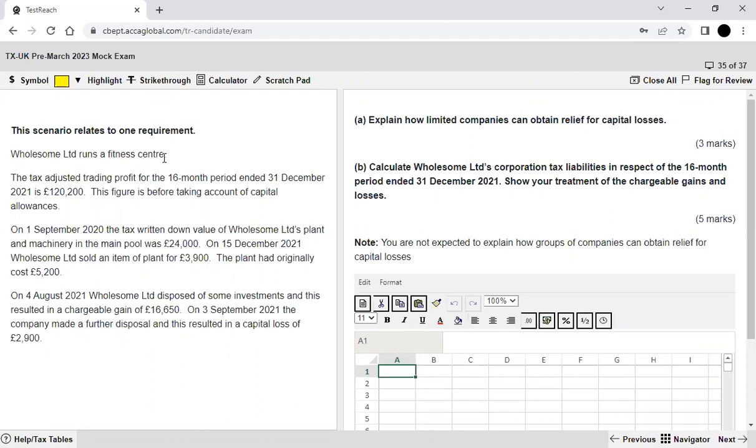On 4th August 21, Wholesome Limited disposed of some investment properties and this resulted in chargeable gains of 16,650. On 3rd September, the company made a further disposal and this resulted in a capital loss of 2,900. Part A of the requirement: explain how limited companies can obtain relief for capital losses.